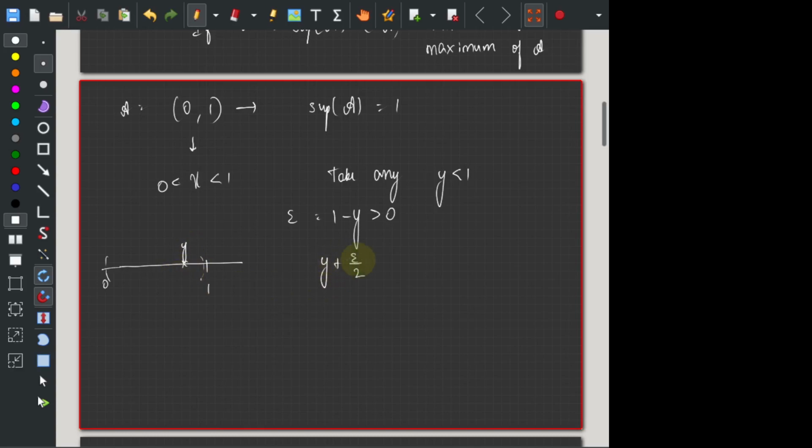So this distance over here is epsilon, right? What about y plus epsilon by 2? This is greater than y, and it is less than 1. Therefore, this point is in the set A. Correct? And therefore, y cannot be an upper bound. Questions?